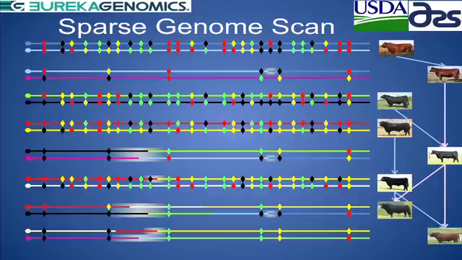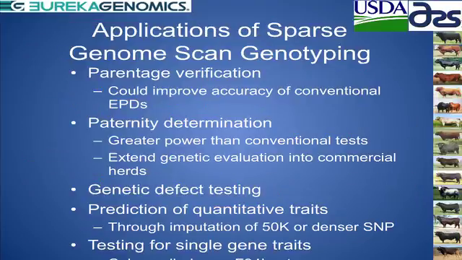We think that's a lot of additional information that the industry needs to be taking advantage of. The applications for sparse genome scan genotyping are pretty much the same ones that I listed for the seedstock industry above: parentage verification and determination, and genetic defect testing.